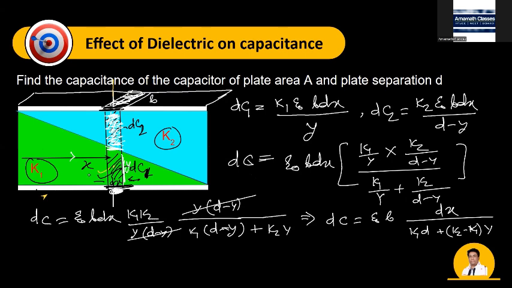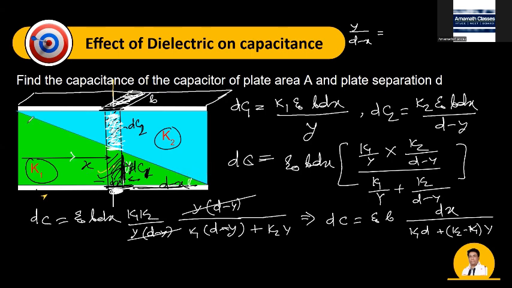You see, this is y I have taken now, and this is d minus x. So y divided by d minus x is nothing but tan theta only. This is theta, perpendicular by base.